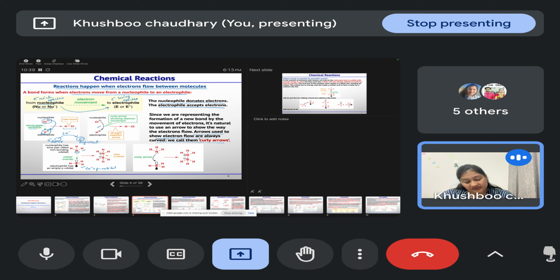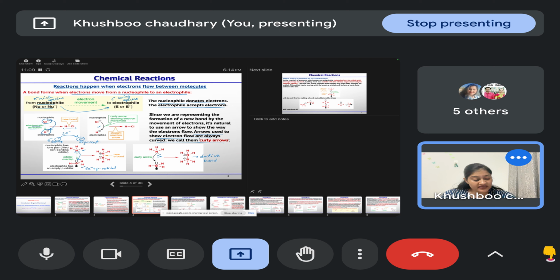So nitrogen from ammonia can donate its lone pair to this empty orbital and help in completing the octet of borane. We can show the movement of electrons using these curly arrows, and as both the electrons are provided by nitrogen in the bond formation, we will call this a dative bond or coordinate bond.